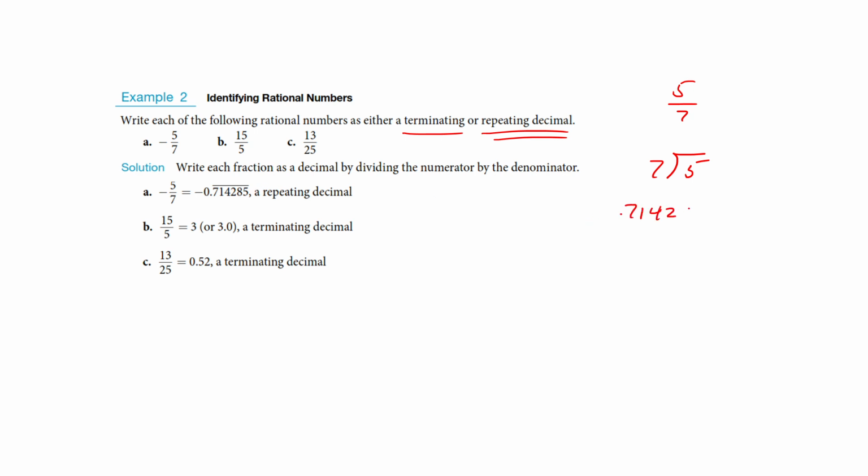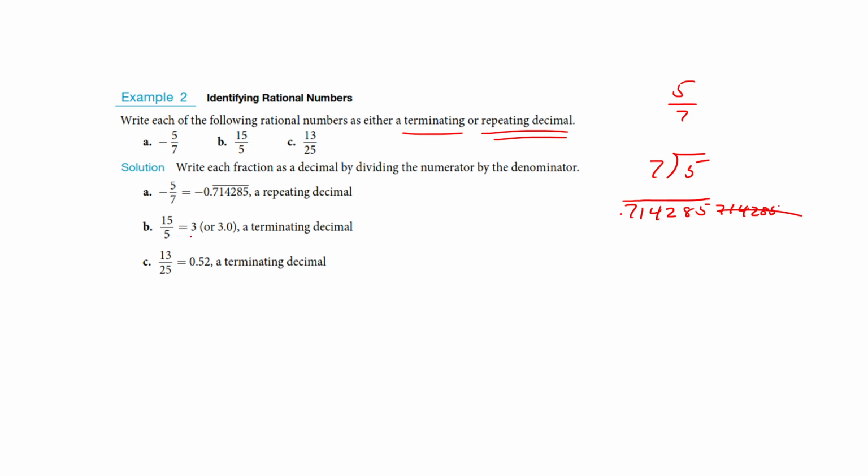So you put the line over top of the section that has begun to repeat itself. This is an interesting one because that entire group must keep repeating itself over and over again. So instead of writing it over and over again, you just give the line over top of the repeating part. But because it repeats, the key is that this is a rational number.